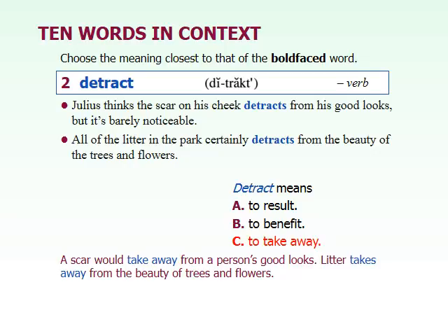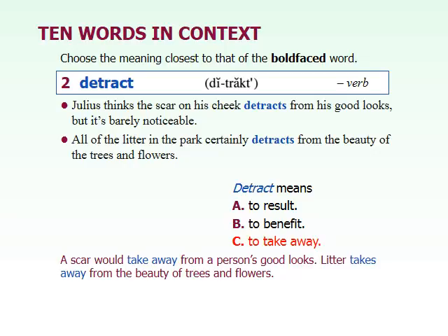So in the first one, it's saying that the scar, this mark on his face, detracts from his good looks. What that means is it makes his good looks less good or worse. In the second one, it detracts from the beauty of the trees and the flowers. So it makes them less beautiful. Litter means like garbage.